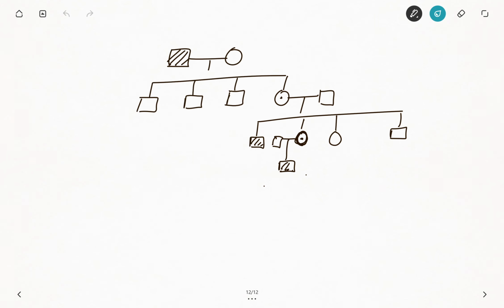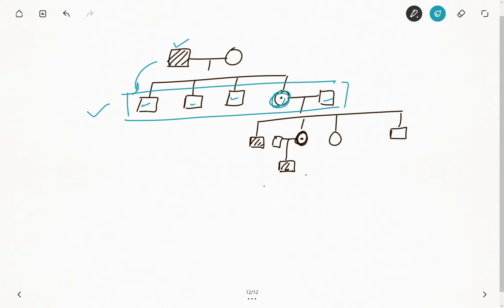Okay, great. What happens when this carrier mom marries a normal person? Here we see an individual coming up, and this individual is affected. But when we look at the daughter of the carrier mom, we see that she is only a carrier, and only then we can see again that if she marries a normal male, she has an affected offspring.